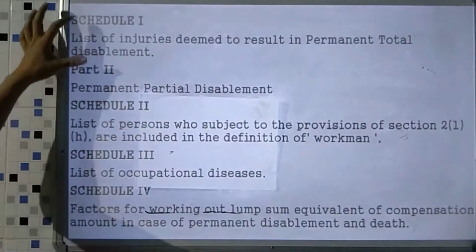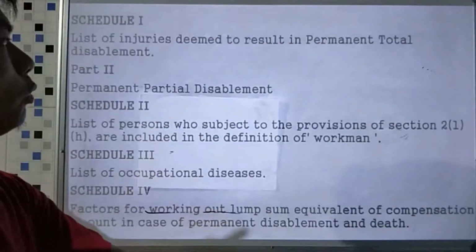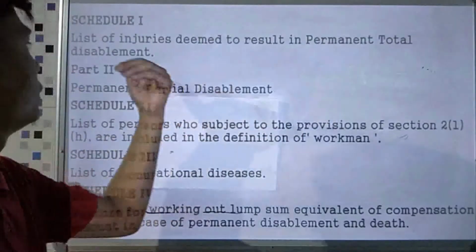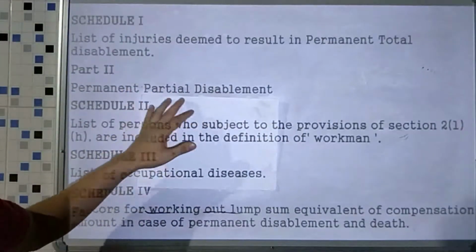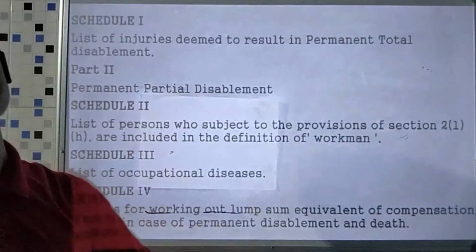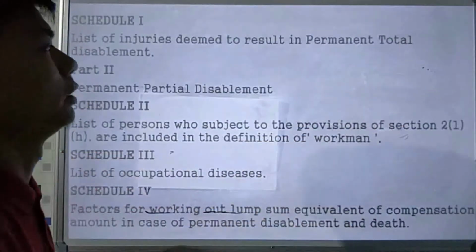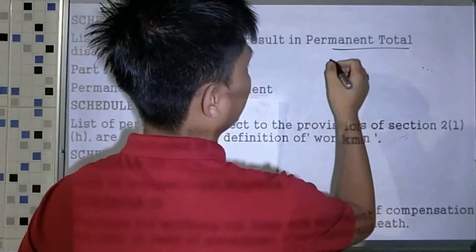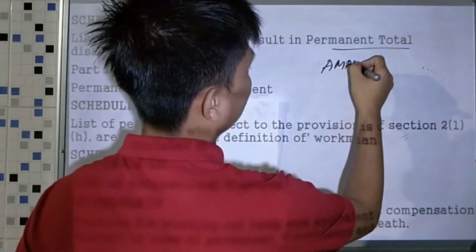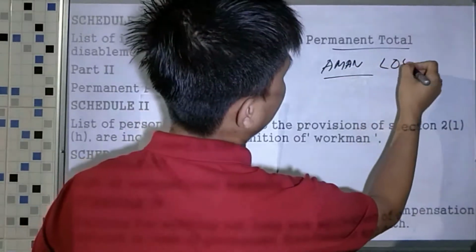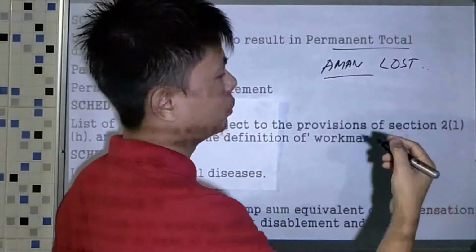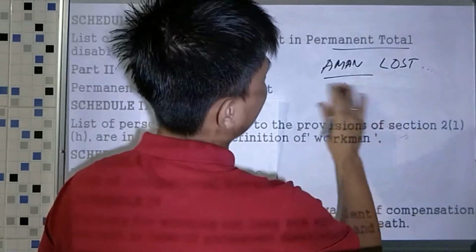So Schedule 1 has 2 parts. Part 1 talks about permanent total disablement, and part 2 talks about permanent partial disablement. Permanent total, in a sense, let's say a man lost both hands during an accident or injury.